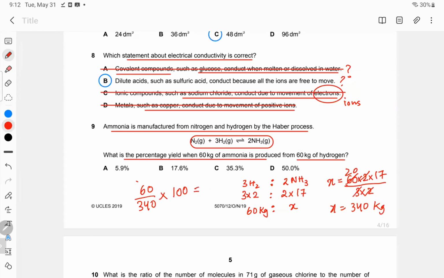Can anybody tell me the correct answer? Sir, B. It's 17.6%. So B is our correct answer.